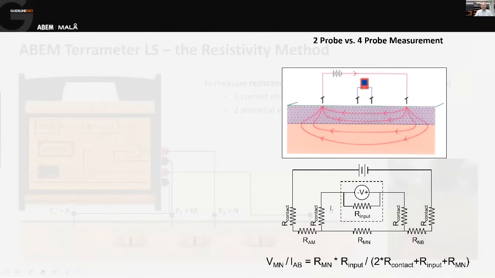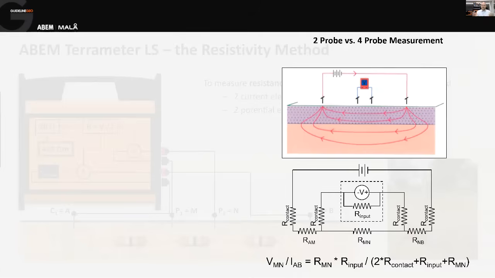The reason why we have to use 4 electrodes is really about the problem of persuading current to flow from the nice conductive cables into the ground beneath us. Now, the ground itself may be relatively conductive, but the point where we need to get the current to jump from the electrode into the ground is the tricky bit.